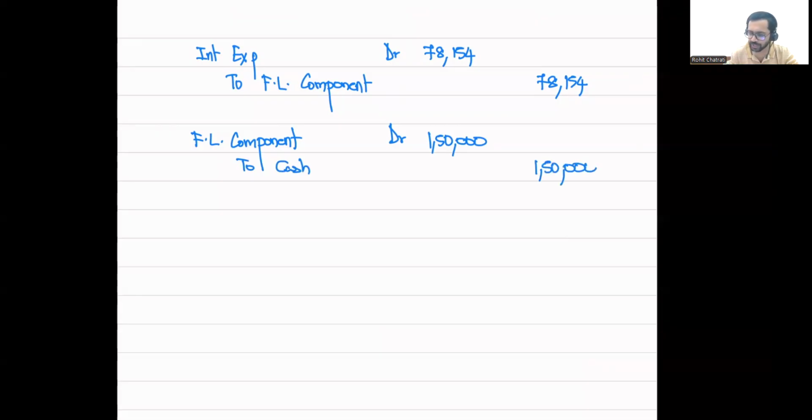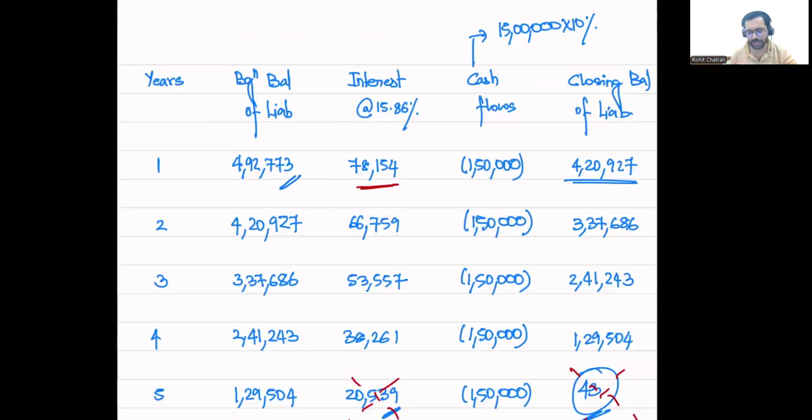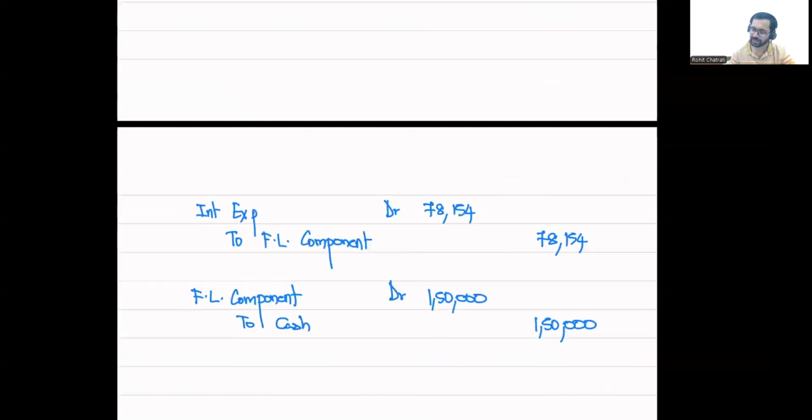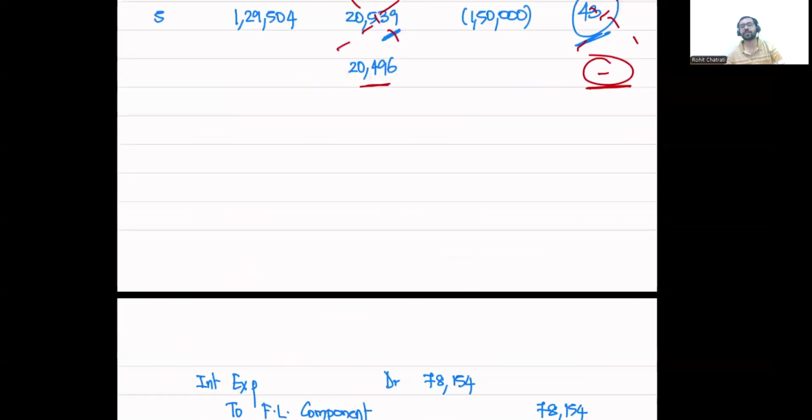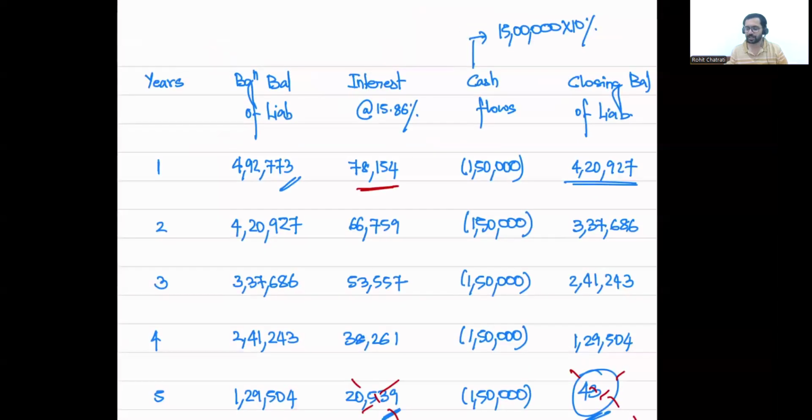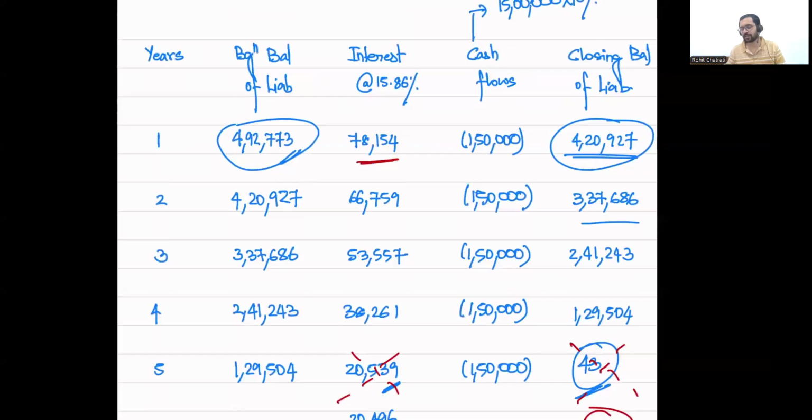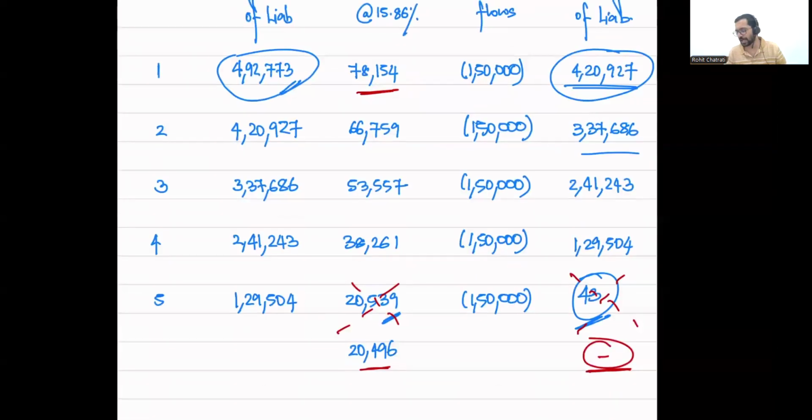Therefore, we had a beginning balance of liability of 4,92,000. Since we are crediting the liability by 78,000 and debiting the liability by 1,50,000, the liability is reducing each year. From 4,92,000, it came down to 4,20,000. From 4,20,000, it came down to 337, and that way it was going down to zero.